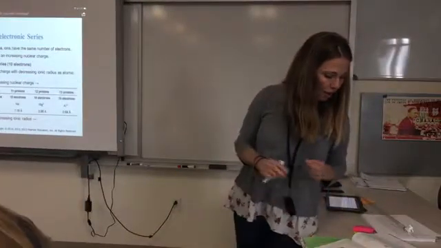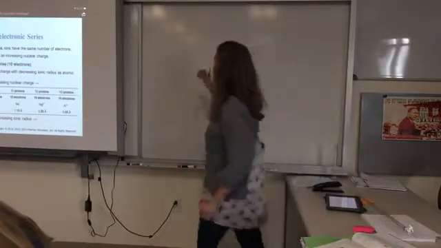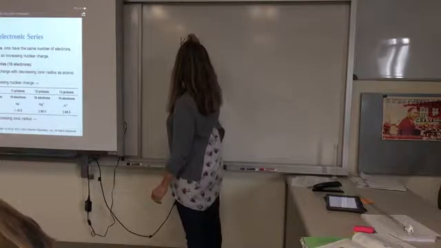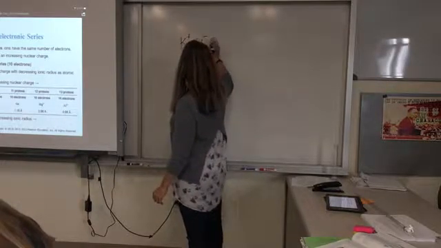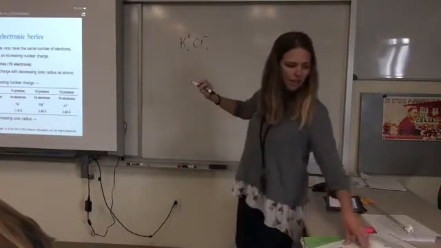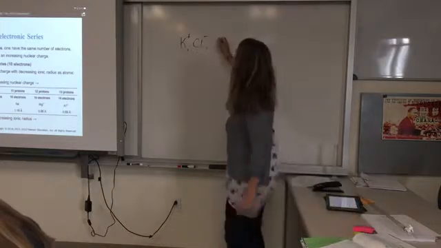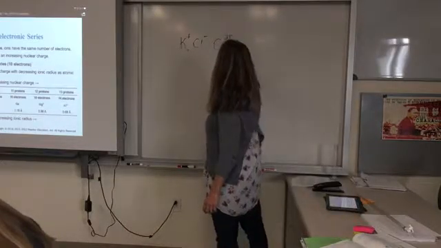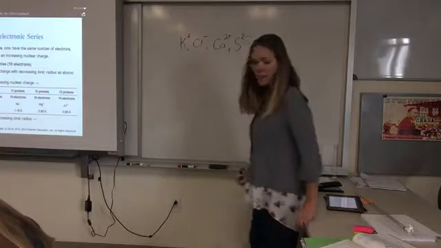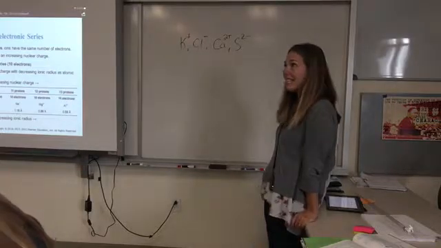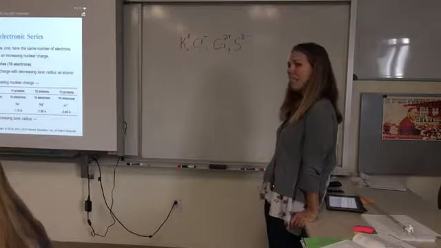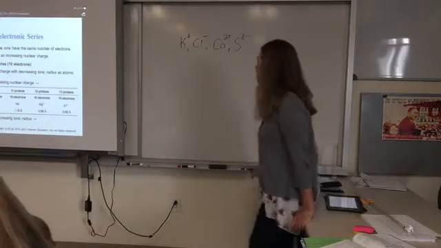So you have K plus, Cl minus, Ca2 plus and S2 minus. Take these and put them in order of decreasing size.